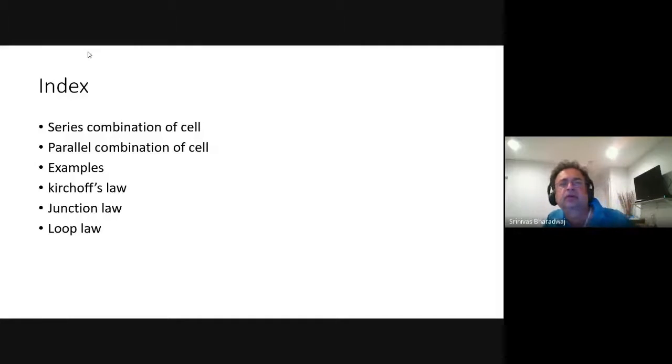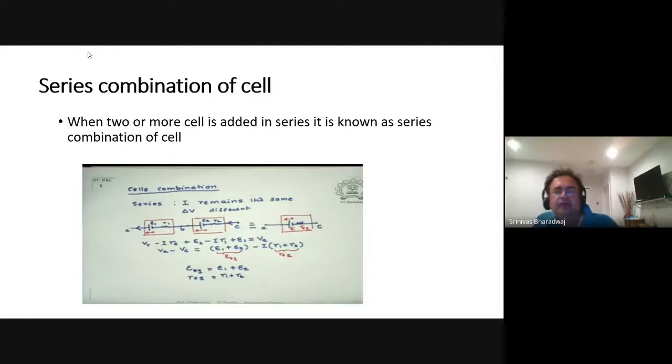Now, series combination of cells. Every cell also has an internal resistance, as you know. When you put cells in series, the voltages will be additive. When two or more cells are added in series, it is known as a series combination of cells. The voltage between C and B is E2, between B and A is E1.